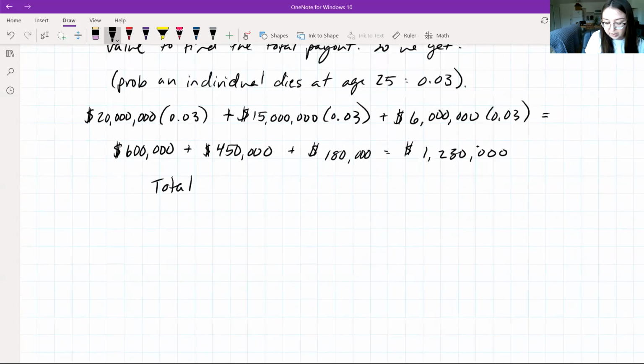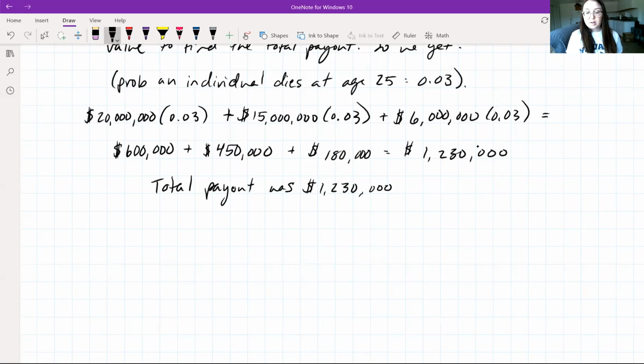So that was the total payout the year that these policies were written.